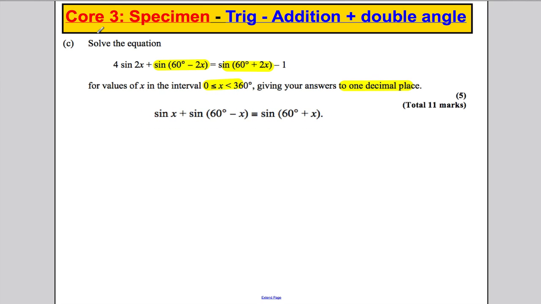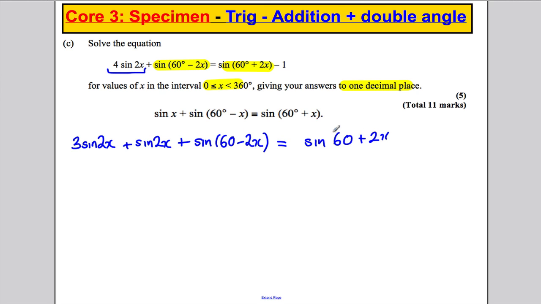Now actually we are very close to having this here. If we just break this up into 3 sine 2x plus sine 2x, breaking this up here, plus sine of 60 subtract 2x, we write that, and then it's equal to sine 60 plus 2x from here minus 1.